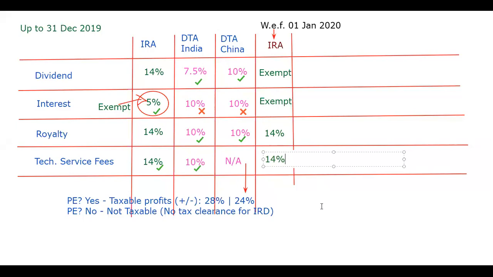Then this is very useful for you to better understand, if you have an understanding of this before 31st, without the recent changes. With the recent changes also you can have this diagram by taking the relevant DTAs and you can evaluate what is more beneficial to that person, the non-resident person.